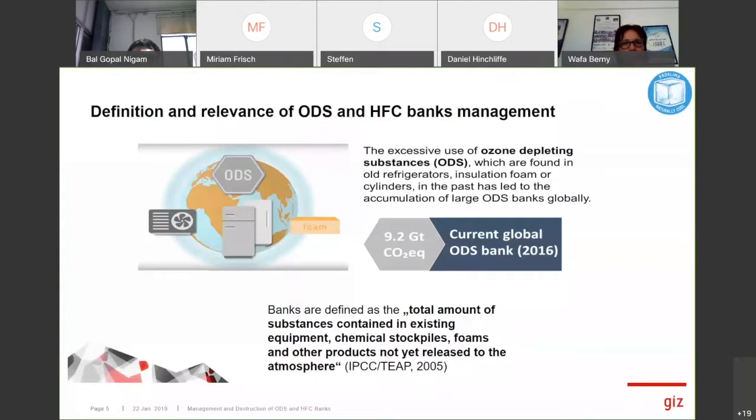Basically what this means is that if those ODS banks are not managed or destroyed, they are released to the atmosphere and thereby contribute to ozone depletion and climate change.